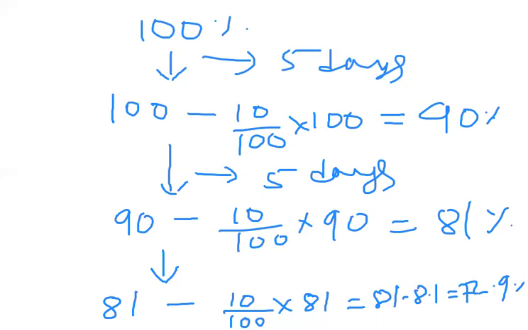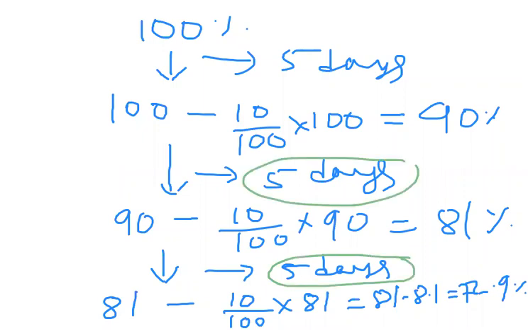72.9%. So now how many days are over? First 5 days, next 5 days, next 5 days. Here for 15 days, it became 72.9%.